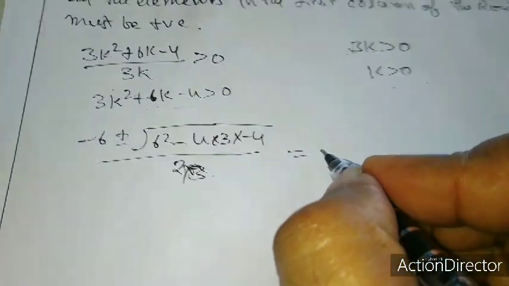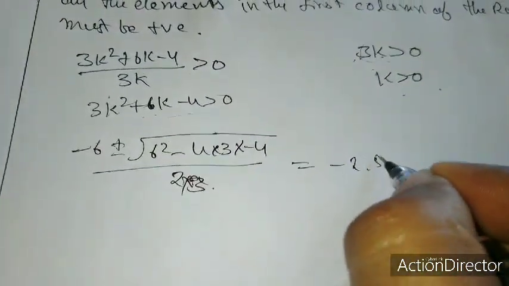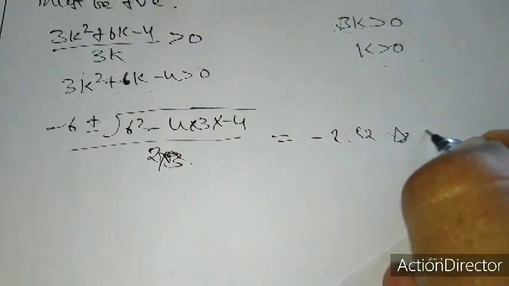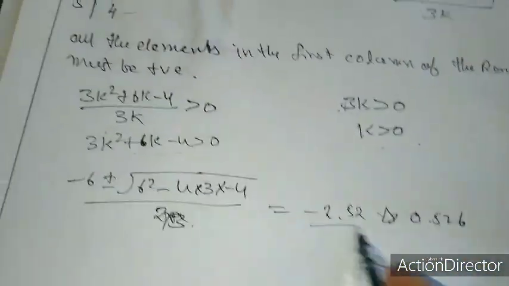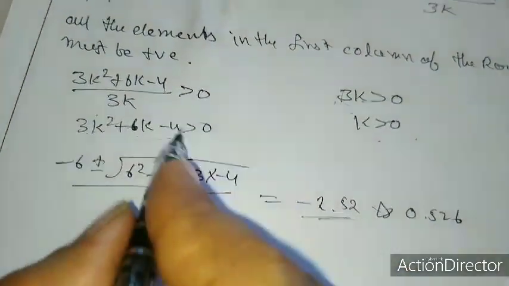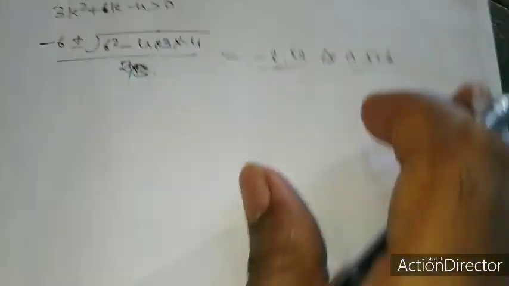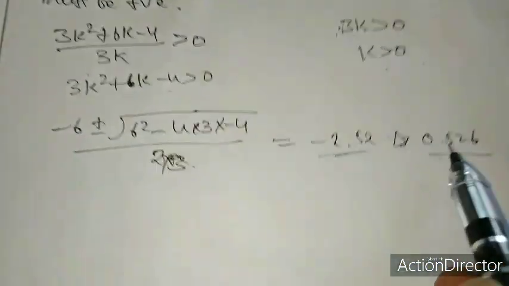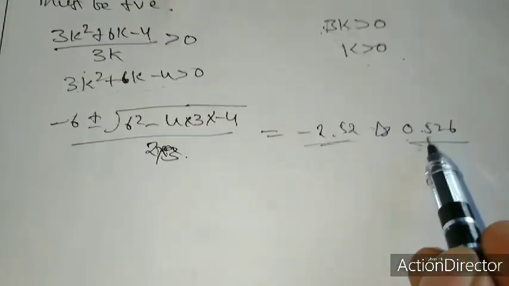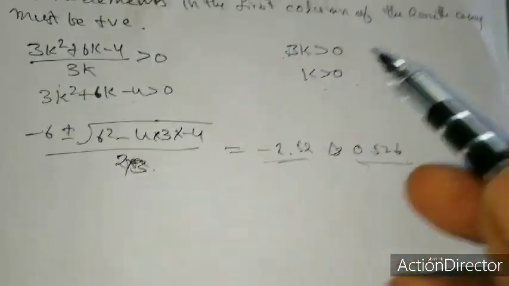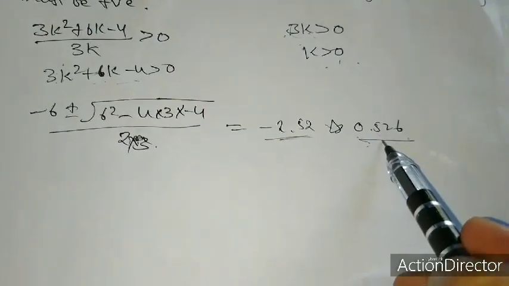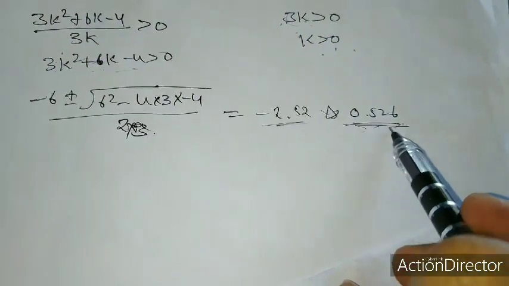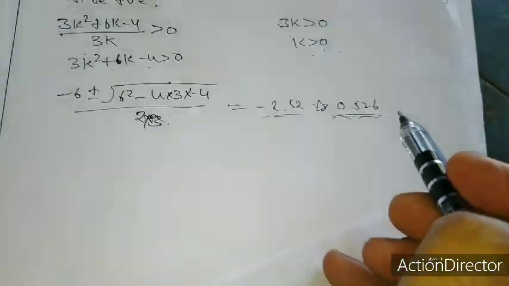One is minus 2.526 or so, and another one is 0.526. The negative one gives a negative value if I substitute it, so I'll consider the positive one. So the dominant condition is that k should be greater than 0.526. One more condition we got is k greater than 0, but this value is more than that, so we will consider this. So k should be greater than 0.526.